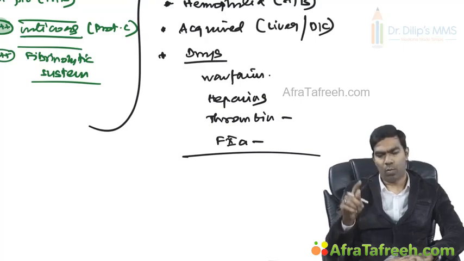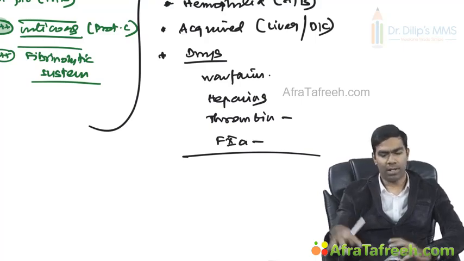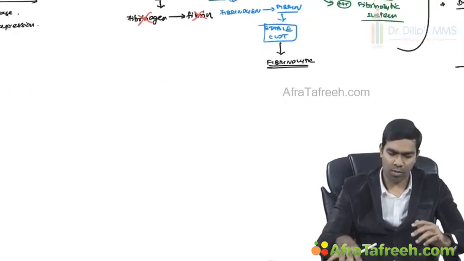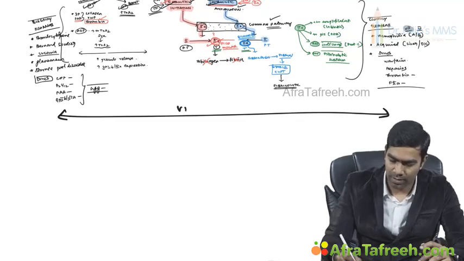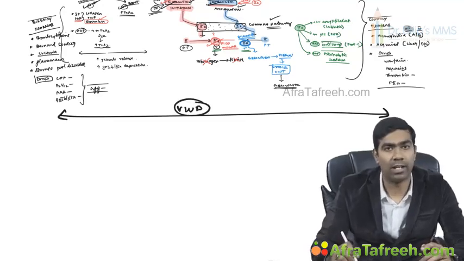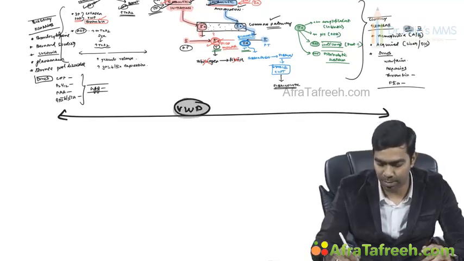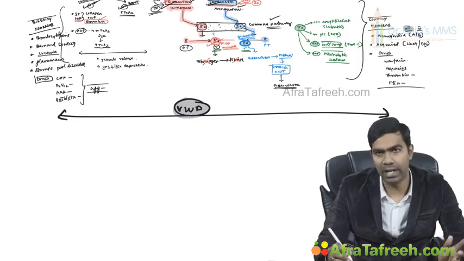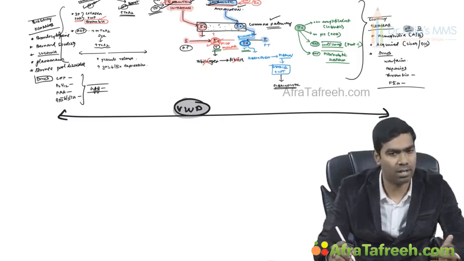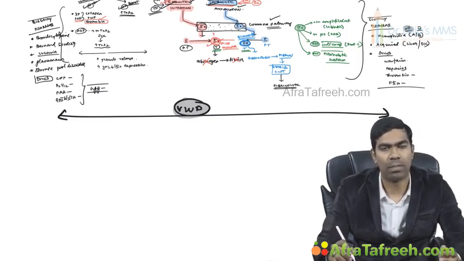But wait on. One disease you might be expecting, but it's not seen here. What is that disease which I have not told? That is nothing but a von Willebrand disease. I didn't tell because this is something acts as a bridge between a bleeding disorder and clotting disorder, because von Willebrand disease, it's typically a bleeding disorder. That's what you expect. Yes, it does present as a bleeding disorder, but it can also have a confusing picture like a clotting disorder also.